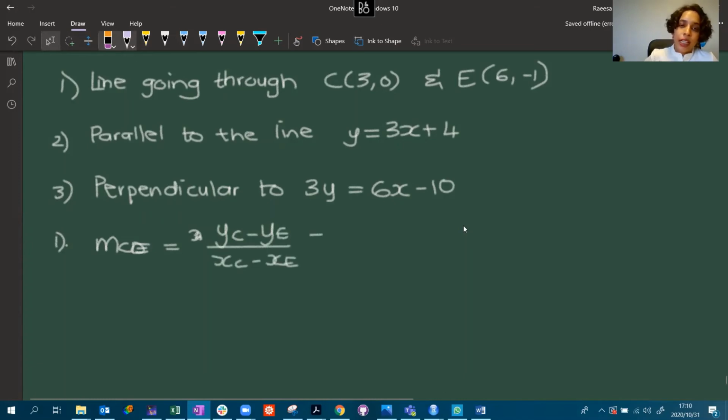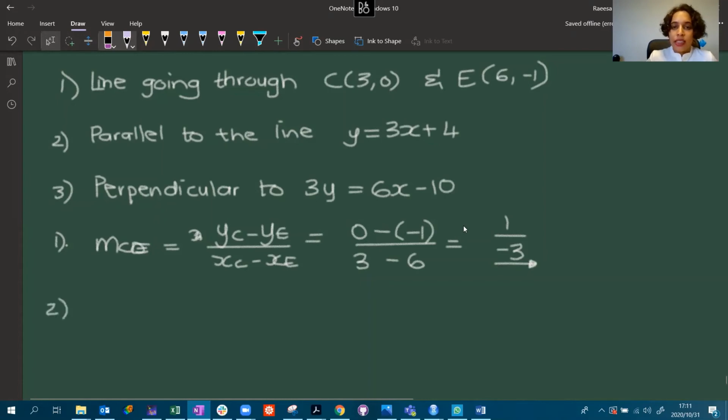Calculating this, the YC coordinate is 0, minus YE, which is 1, so you must be careful, minus 1. And in the denominator, we then have 3 minus 6. If we calculate this, we get minus 1, which is -1, over 3 minus 6, which is -3. So that is our gradient. It's a negative gradient.